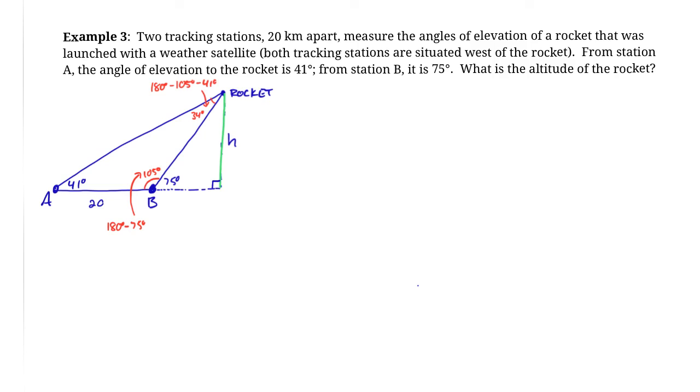Since it is a right angle triangle, we can use the Pythagorean theorem, but we don't know any of these side lengths. We know an angle, so we can use one of our trig ratios, but we need another side. So can we find one of these other sides? Yes, we can. We can actually use the sine law to find this side right here. So I want you to try to pause the video and use the sine law to find this side right here.